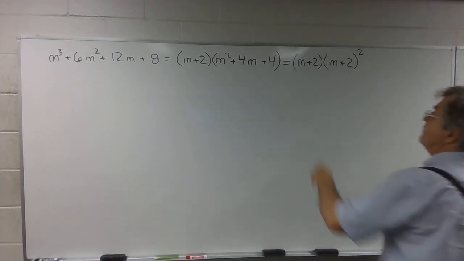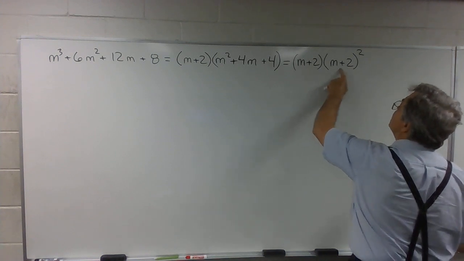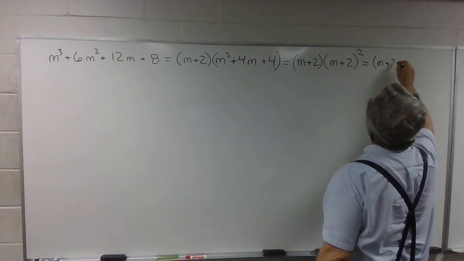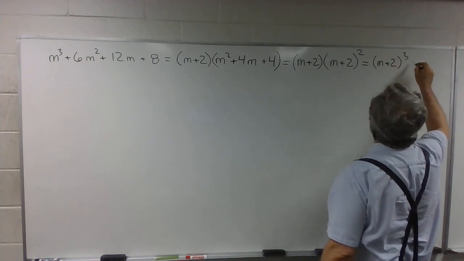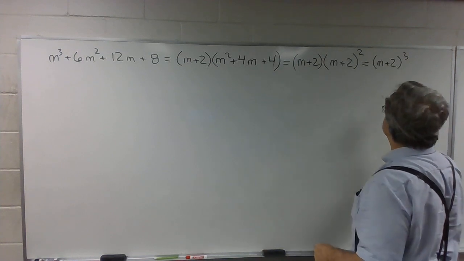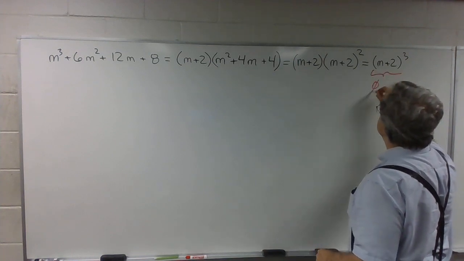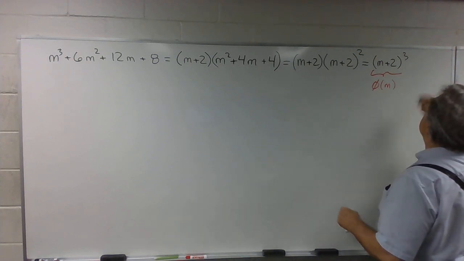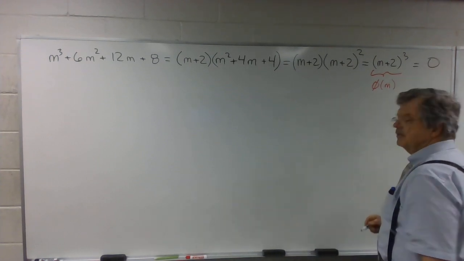So really, I have m plus 2 times m plus 2 quantity squared, which is m plus 2 quantity cubed. That's my polynomial. This is my phi of m. And that's got to equal 0.